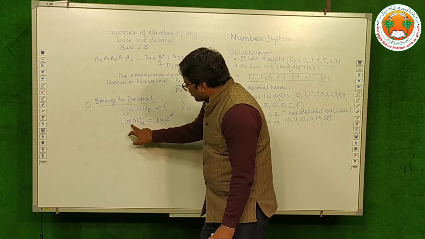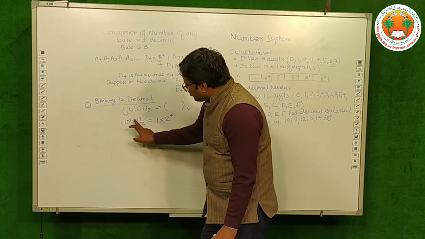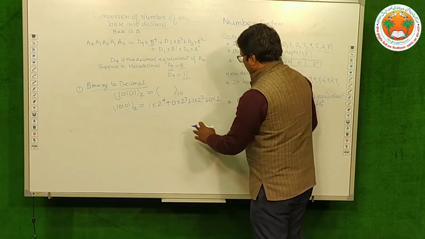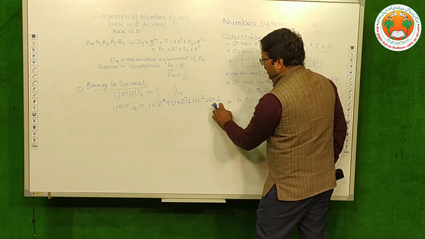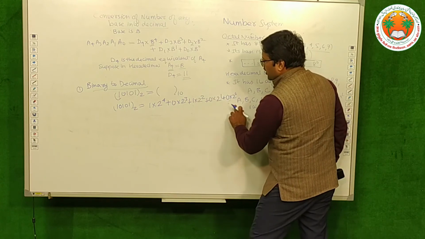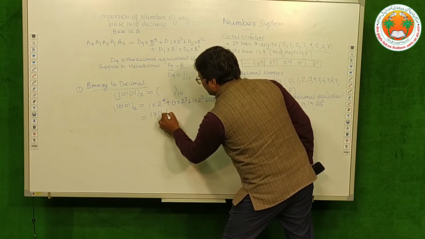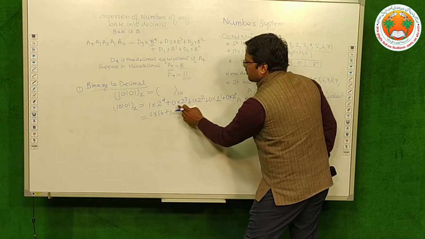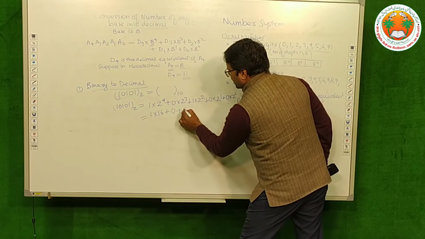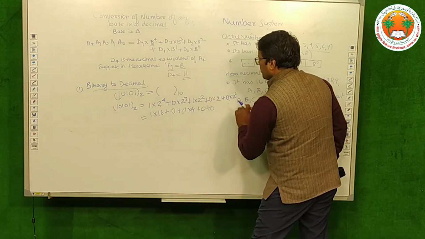Suppose we process this digit, this 1. It has 2 digits to its right, so 1 into 2 to the power 2. In this particular way we will do it, and now 0 is multiplied by 2 to the power 1, plus 0 into 2 to the power 0. Now the value of 2 to the power 4 is 16, so 1 into 16 plus 0. We know that any number multiplied by 0 is 0, and 2 to the power 2 is 4, so it will be 1 into 4 plus 0 plus 0.